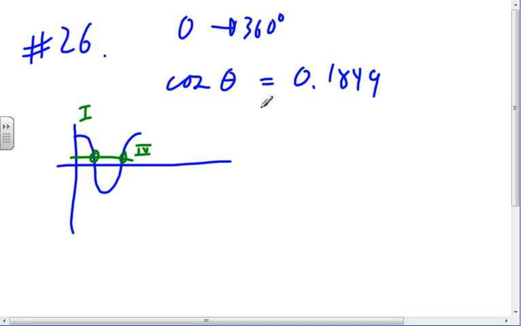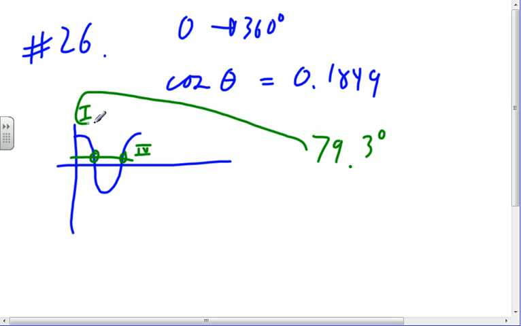So I'm going to take my calculator and go arc cosine 0.1849, and I get 79.3 to the nearest tenth degrees, and that's the first quadrant answer. And then I say, well, what is the fourth quadrant answer?